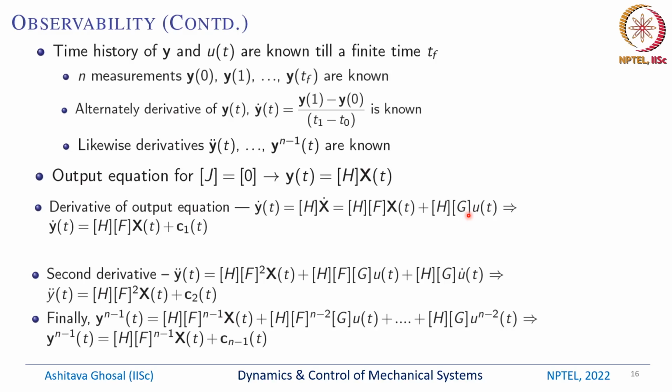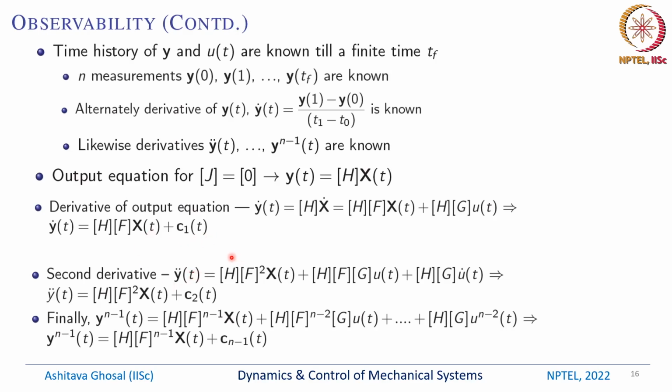Okay, so when you are giving u, the time history of y and u(t) are known. So for every given u(t), I know what is the output y. So I can rewrite this expression as y dot is h into f into x of t plus c1 of t.